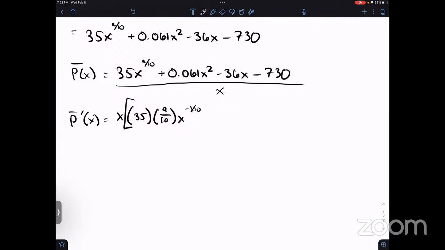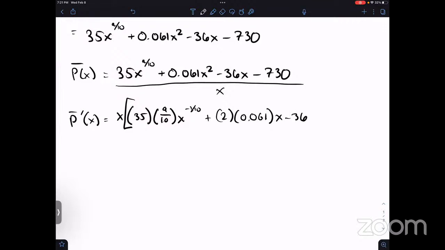Okay, let's keep going. I'm trying to choose which one I think is going to be more simple. So bottom times, let's keep going. So this 2, right? So we're going to say plus 2 times whatever that number is, x, and then minus 36. And then the derivative of a constant is 0.